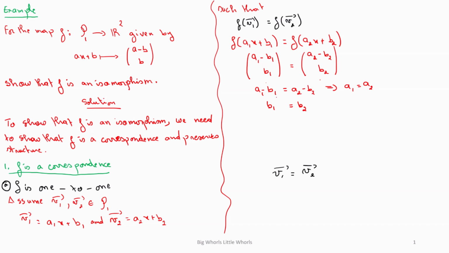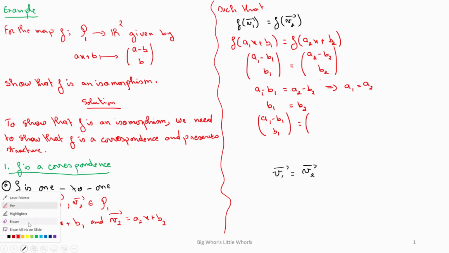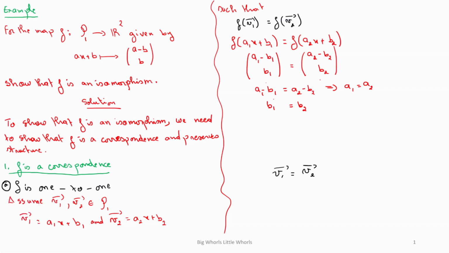Let's look at our vector again, (A1 minus B1, B1). We said that A1 equals A2 and B1 equals B2.